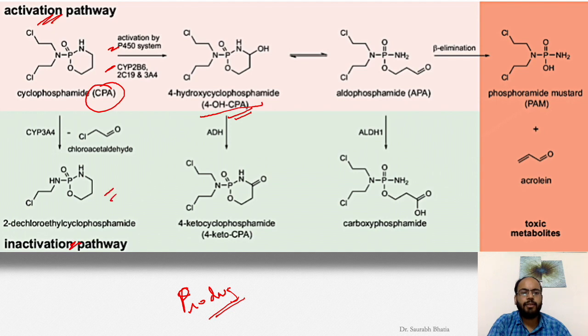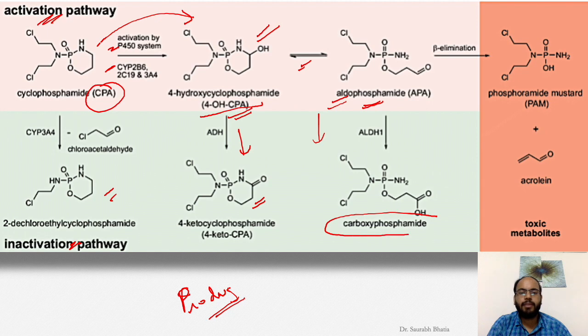That means these molecules are not showing the immunosuppressive effects of cyclophosphamide. The effects are basically seen by 4-hydroxycyclophosphamide and aldophosphamide. See this reversible arrow? That means when cyclophosphamide gets converted into 4-hydroxycyclophosphamide, it exists in an equilibrium with aldophosphamide. After aldehyde dehydrogenase enzyme converts them into inactive metabolites, and these are excreted, and we have already discussed carboxyphosphamide, one of the major excretory products for cyclophosphamide.